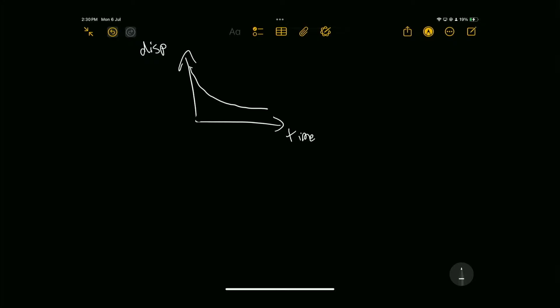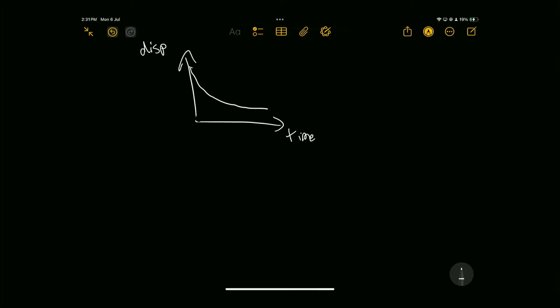So it started off with a very steep slope, and then afterwards the slope gets less steep, so the velocity is decreasing and this object is decelerating. Right, so these are displacement time graphs.